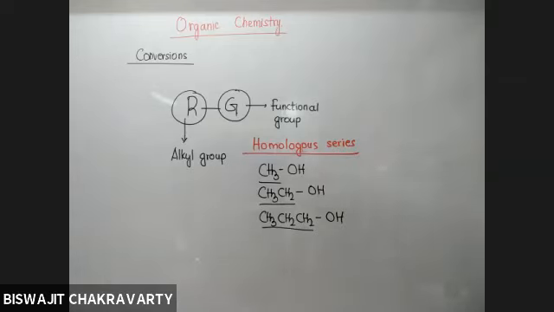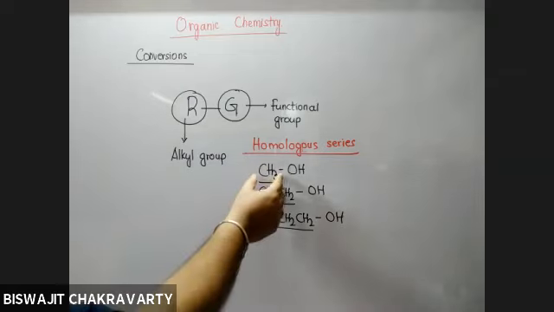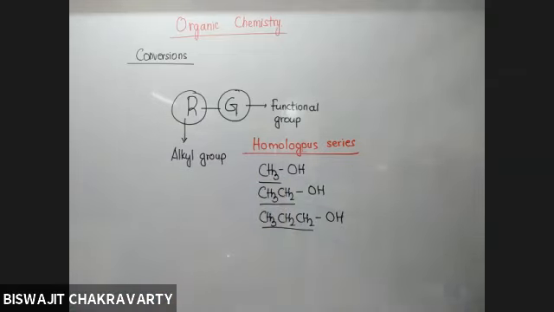But if we do not make any change in the number of carbon atoms, suppose the methyl group remains methyl but only the functional group is changing, that cannot be called step up, because that will be a parallel reaction. Parallel means the number of carbon atoms remains intact.